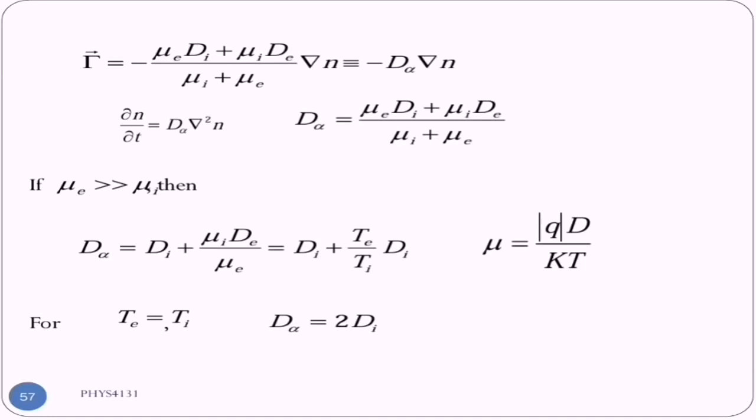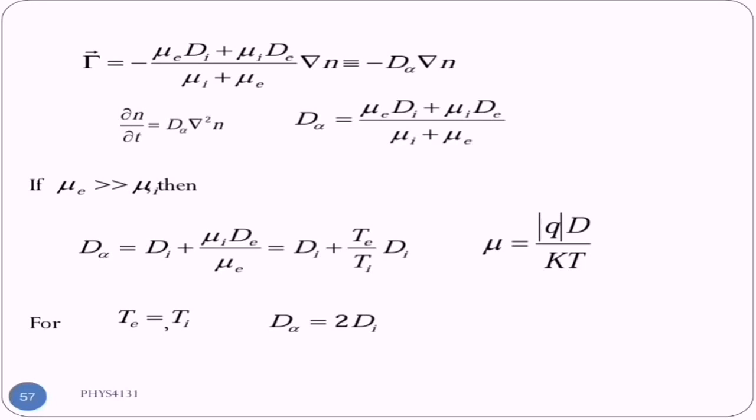To find the magnitude of d alpha, we can write mu E very much greater than mu I. Then the equation will become simpler, because we know that v is proportional to the thermal velocity, which is proportional to m to the power minus 1 over 2, and mobility mu is proportional to m to the power minus 1 over 2.